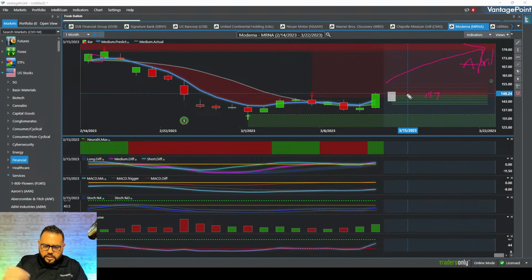And I look to get a fill as soon as the market opens. If the market opens and I'm sitting in front of my computer and I don't get that fill, I can make an adjustment to my limit as long as it doesn't go outside of my tolerances. And in this case, the question is, would that have gotten filled and would I be up at this point? Well, let's look.